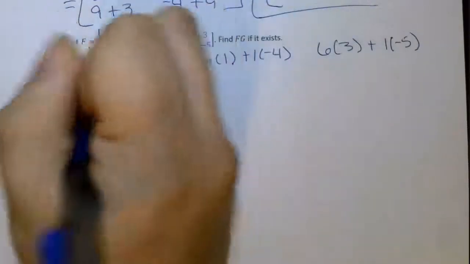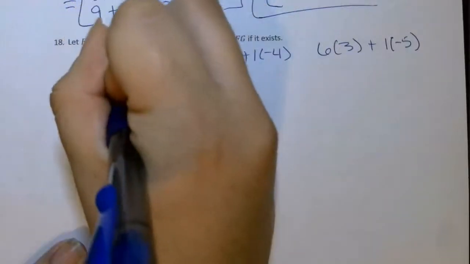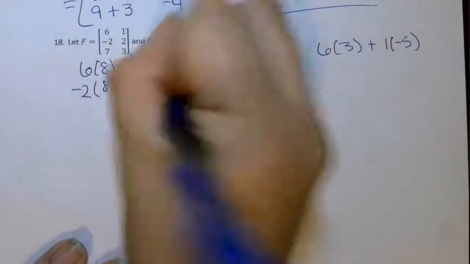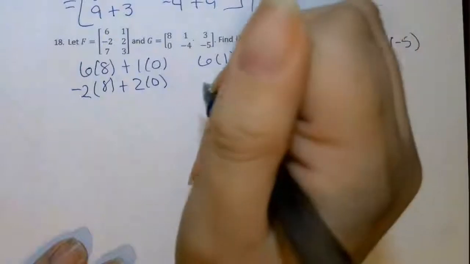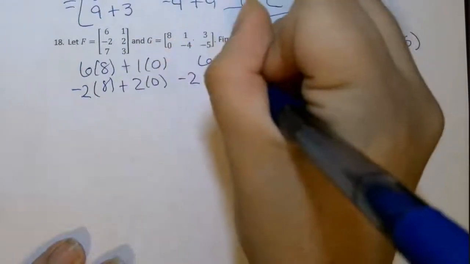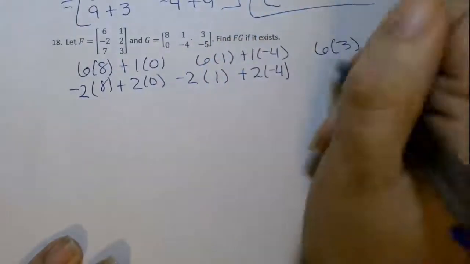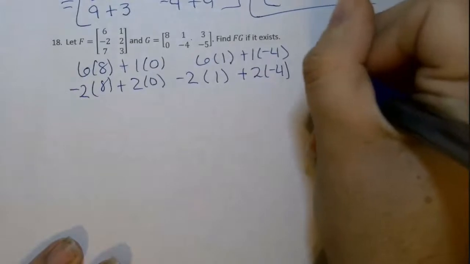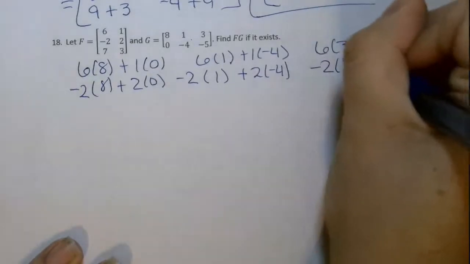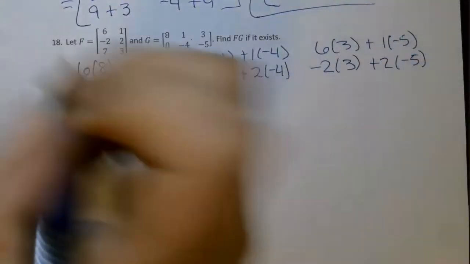Next row, I'm going to have negative 2 times 8 plus 2 times 0. Then on the next piece, I have negative 2 times 1 plus 2 times negative 4. Next piece, I have negative 2 times 3 plus 2 times negative 5.